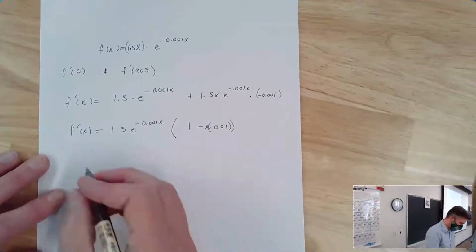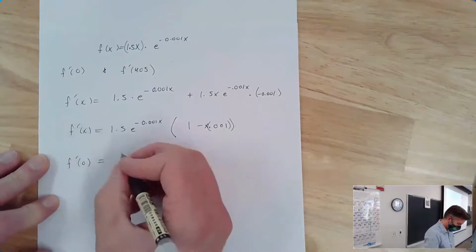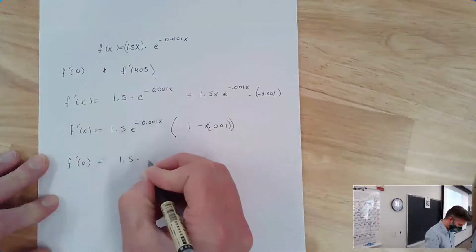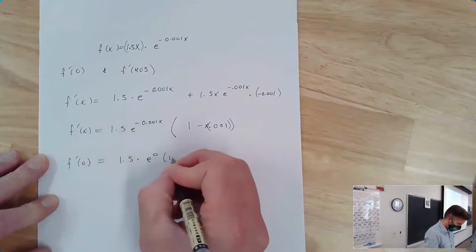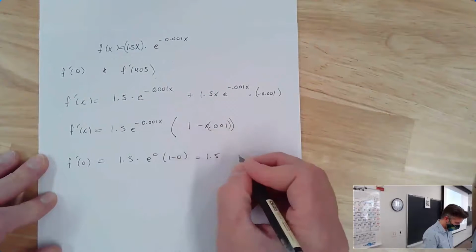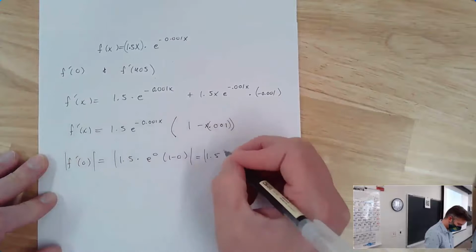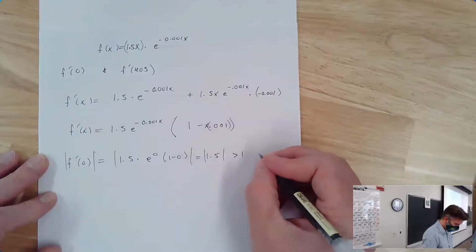So if I plug in 0, f prime of 0 is going to be 1.5 times e to the 0 times 1 minus 0, which is 1.5, which is bigger than 1. So unstable.